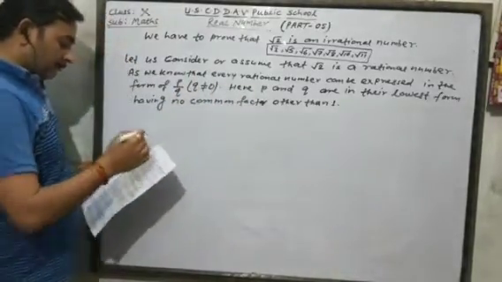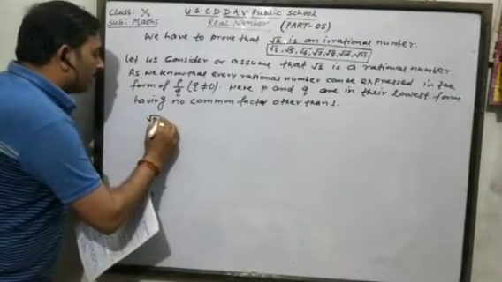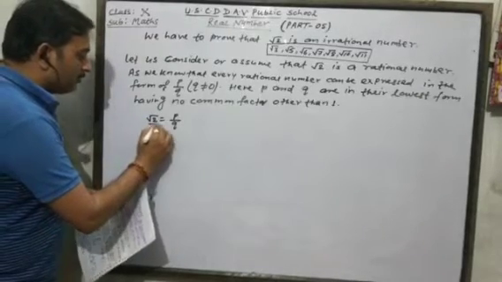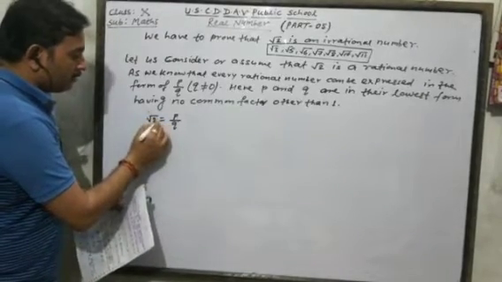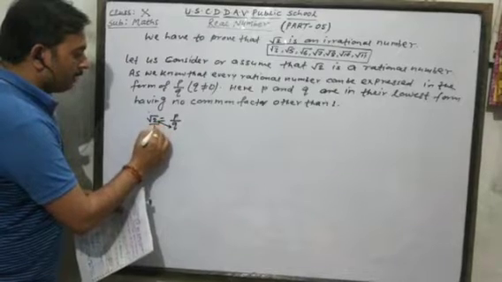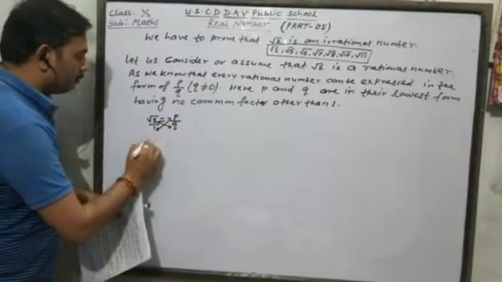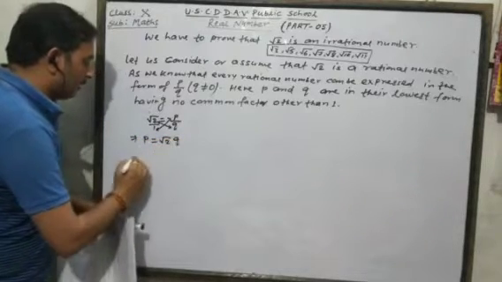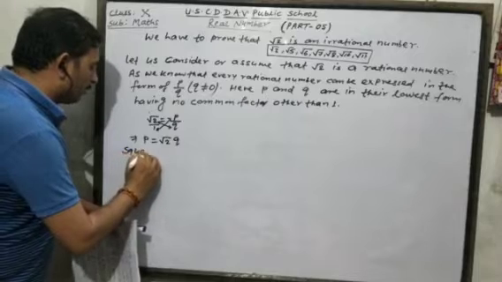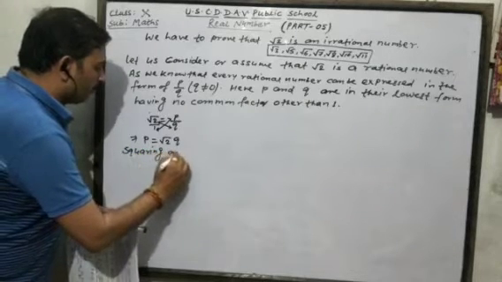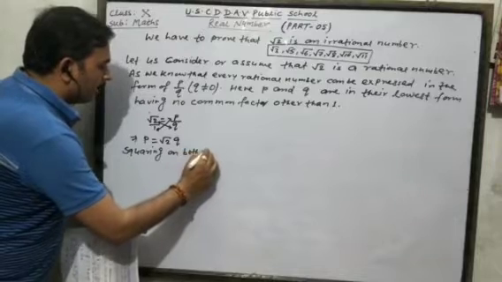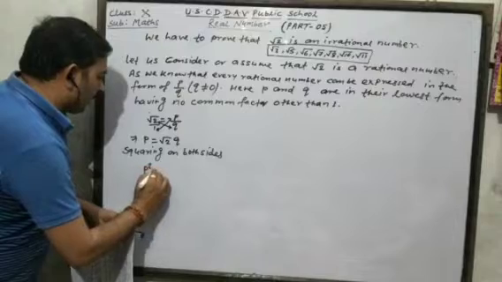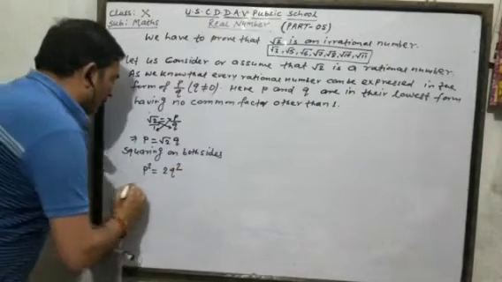So root 2 can be written as what? p by q. Now cross multiply it. Root 2 multiplied by q and p multiplied by 1. So p will become root 2 q. Now squaring on both sides, we get p square equals 2q square.